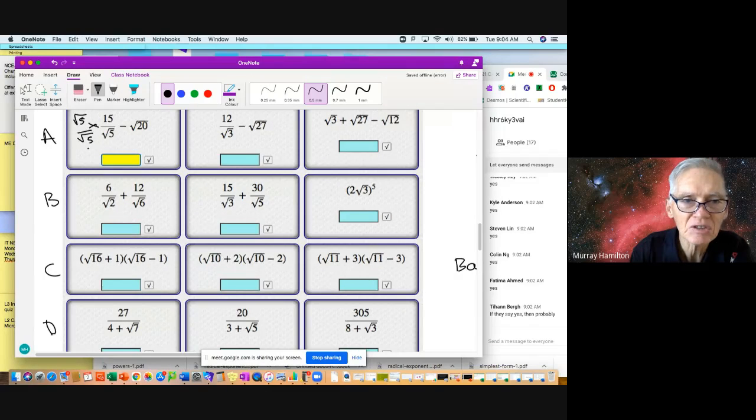And so this left-hand side would then become 15 root 5 when I multiply the top two together, and then I divide it by the square root of 5 times square root of 5, which is 5. And so my final answer would be, 5 goes into 15 3 times, 3 root 5.